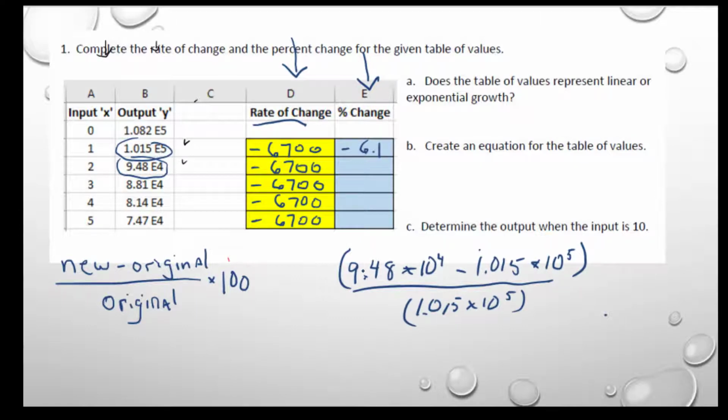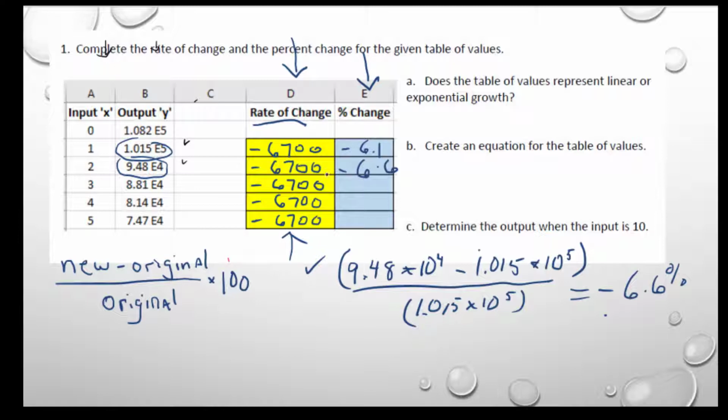Put this in parentheses. Think about this. You notice what I'm going to get here? Every time I subtract the new from the original, what am I going to get? If you guess 6,700, you're on the money. But take your time and let's just get this one. And I'm getting negative 6.6%. So I'll put that here, negative 6.6%.